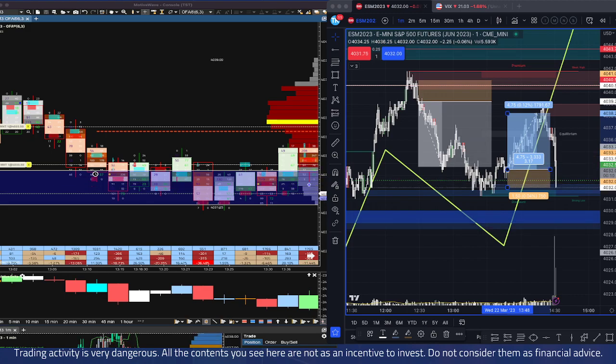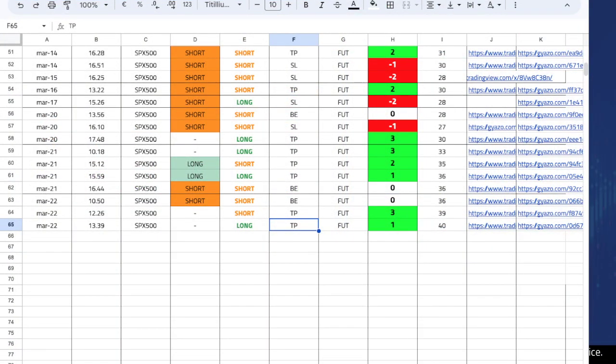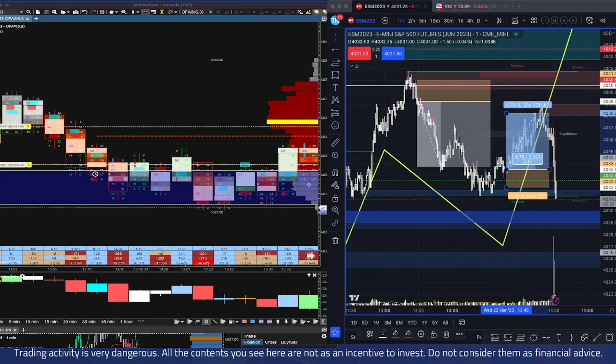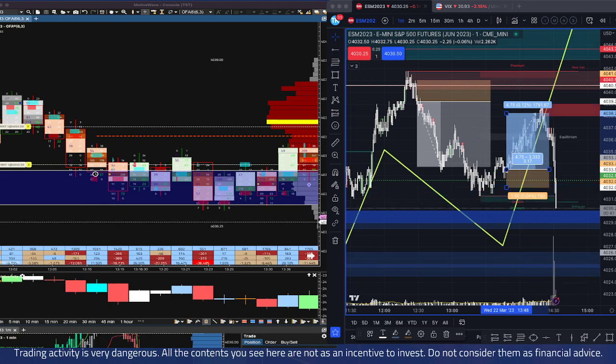So what about this trade? First of all, let's go back to the journal. We're talking about the last trade that you can see. It went to profit, but it was a mistake on my part, because I was originally thinking of one specific idea, then I changed my idea during the trade, and then price did exactly what my original idea told me. This is a mistake, because you should never change your idea, even if something very strong is going on.